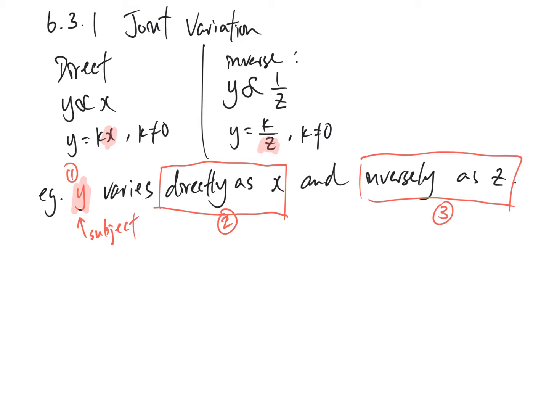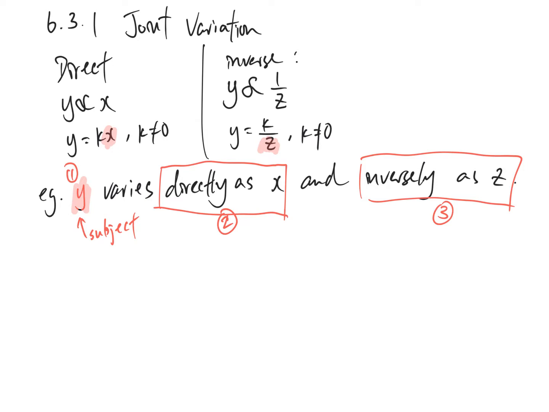So this time we are joining y with x and z at the same time. The value of y depends on x and z, because y varies directly as x and inversely as z.